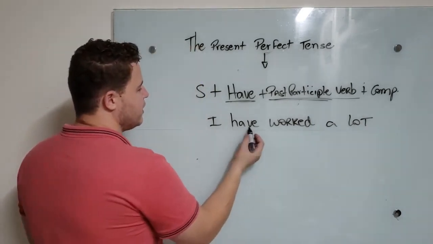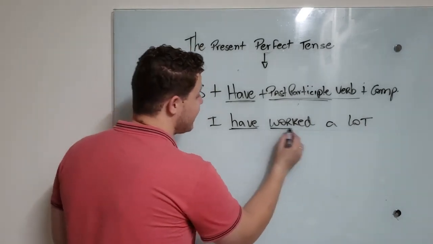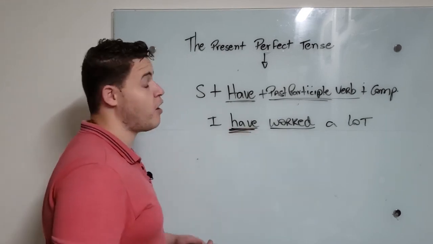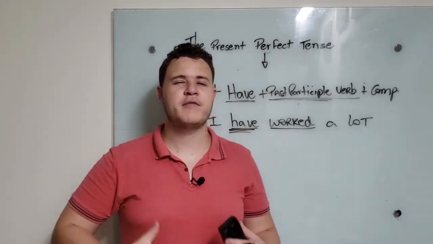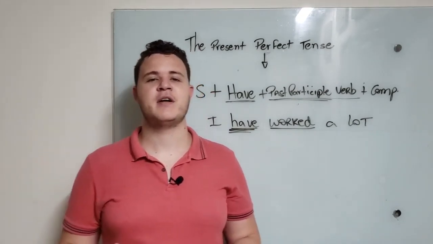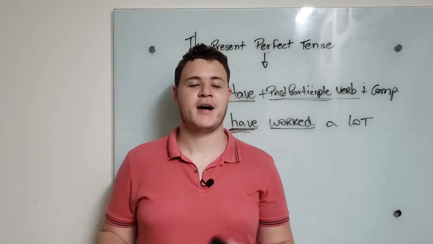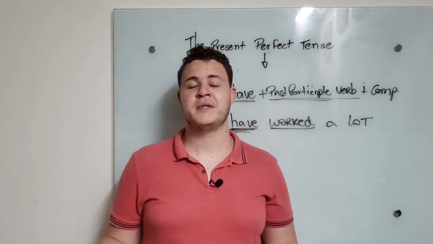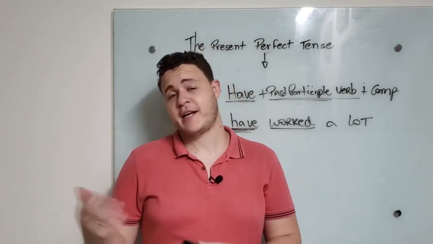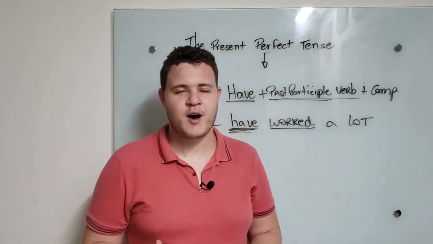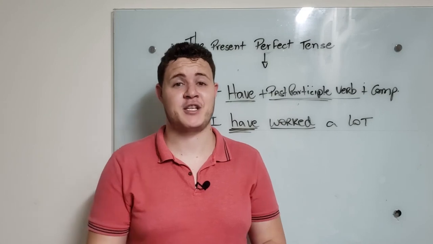So here, can you see that I use have and then I have worked? This have is an auxiliary verb. We are very familiar with the use of have to express possession. For example, I have a car, I have a dog, I have a nice computer, I have a nice friend in Switzerland. So we use it to express proprietorship and possession.